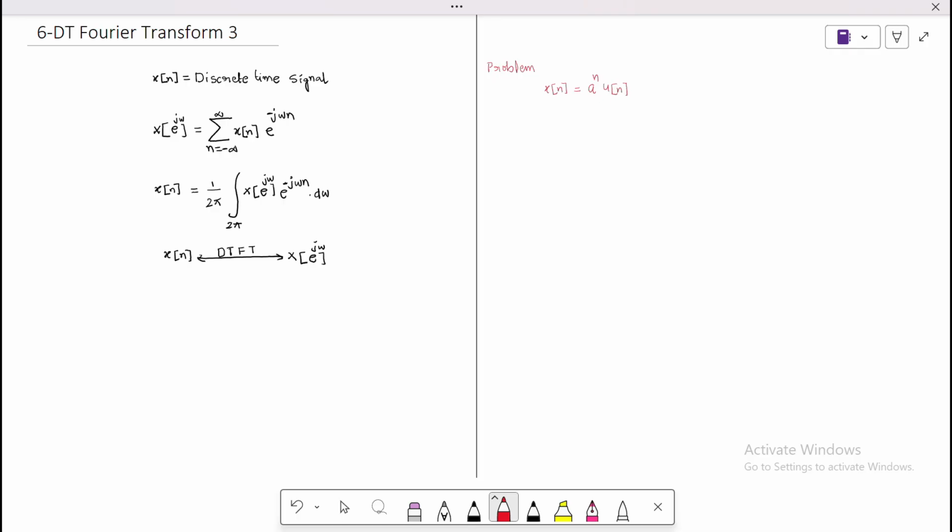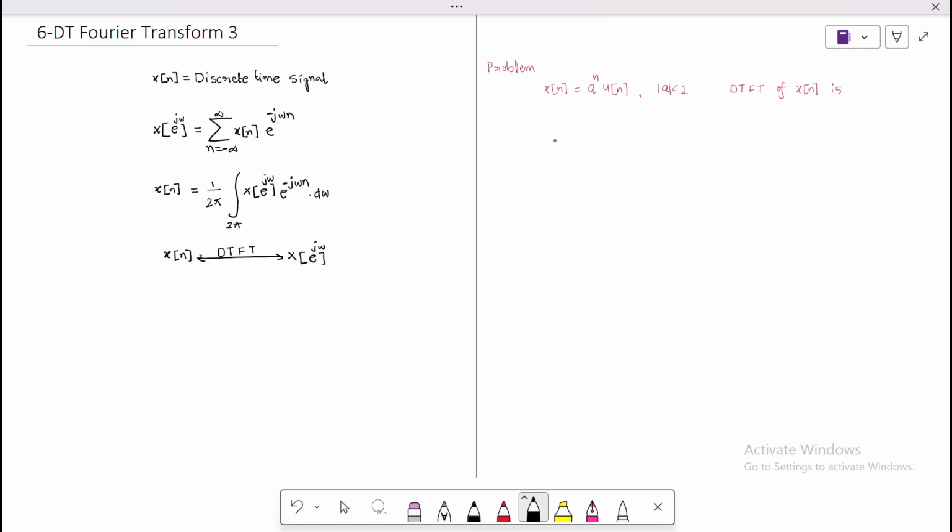This is the causal signal. You know very well this a to the power of n, so this mod a less than 1 is very important in the condition. Otherwise, we can't do that. So for this case, what is the discrete time Fourier transform of x of n?